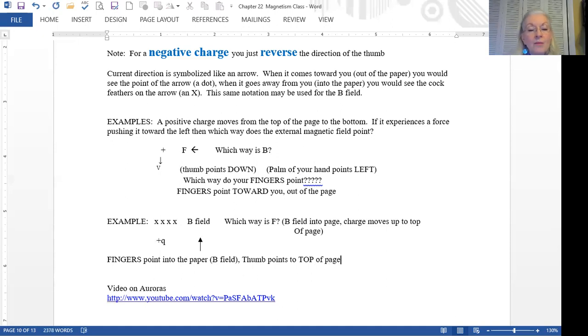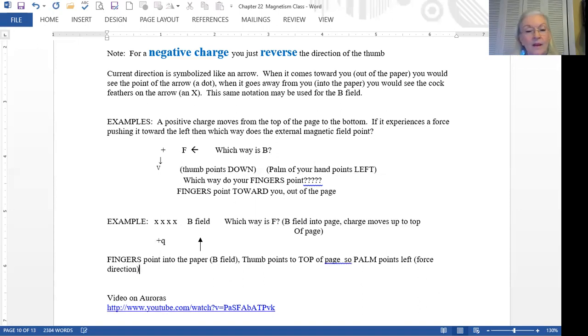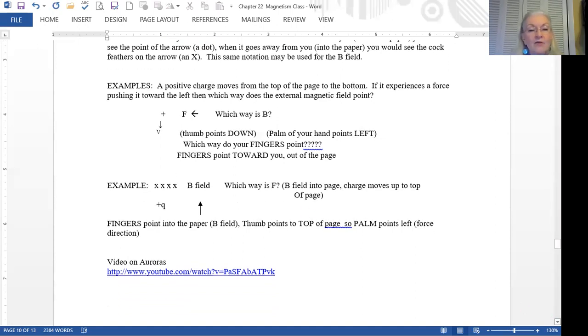So your thumb points to the top of the page, your fingers are into the page, and that means that the palm on your right hand is pointing left. And that would be the direction of force. All right, again, I promise we'll do this in class and it hopefully won't be so awkward.